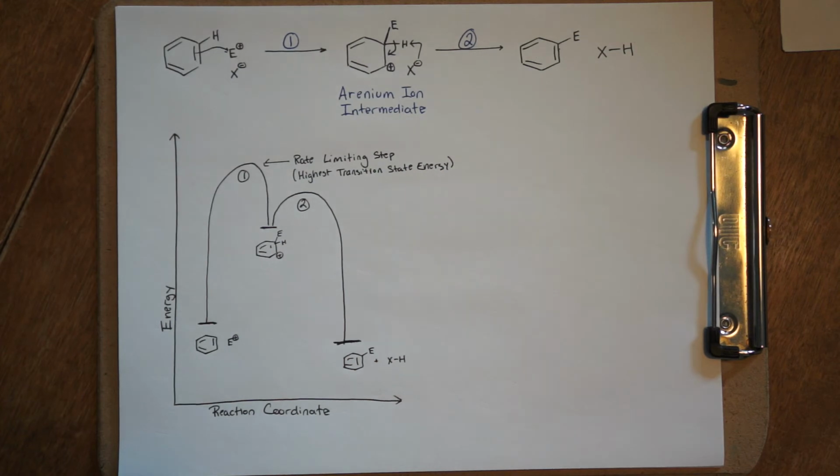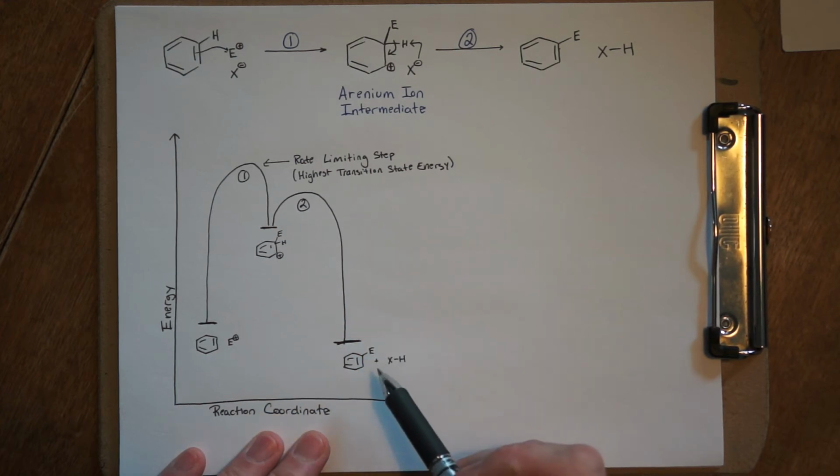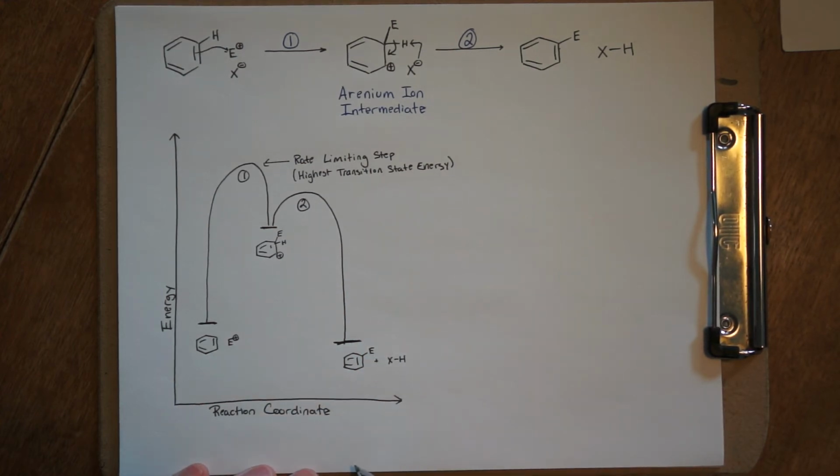Okay, and so because this is the rate limiting step, right, this is the step that's going to determine the rate or the speed of the reaction. Okay, second step, lower transition state energy, so that is not going to determine the rate of the reaction at all.